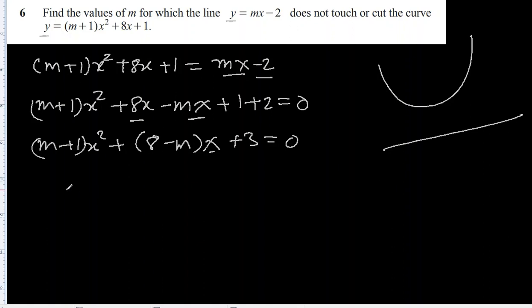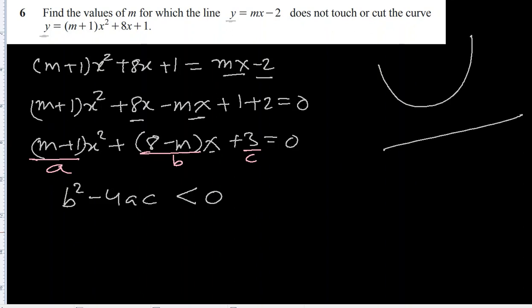And now we will use the discriminant b square minus 4ac to ensure that the two graphs do not intersect. And for that, b square minus 4ac should be less than 0. And this is a for us, this is b, and this is c.